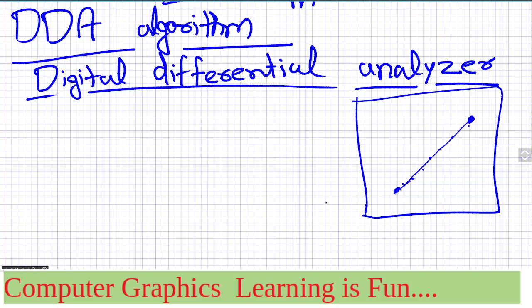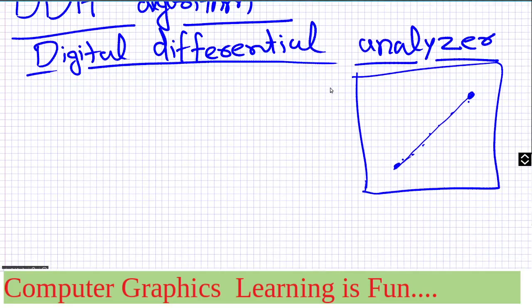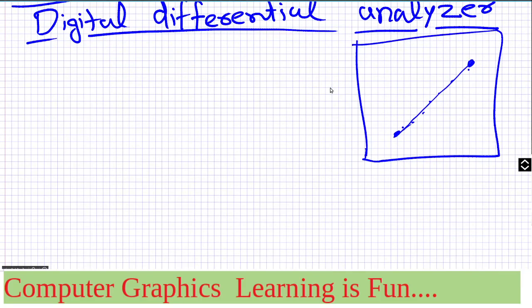Now suppose we are already aware of these functions: delta x, delta y we can calculate, m we can calculate. Now we have to understand that the slope can be positive or negative.